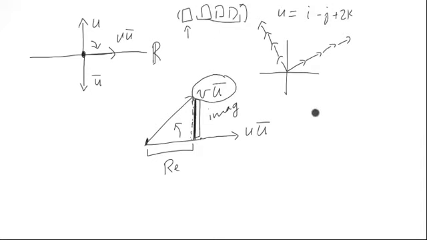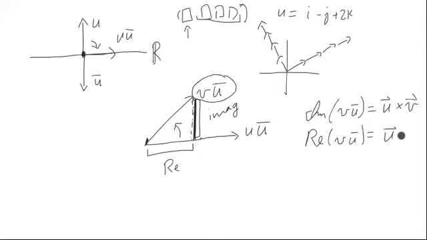So what we end up getting is the imaginary part of v u bar is equal to that, and we give this a name. We call it u cross v. So it's the imaginary part of a multiplication of quaternions. The real part in this multiplication, v u bar, is actually equal to something we call the dot product, which we've seen before. And these ideas all coincide just perfectly.